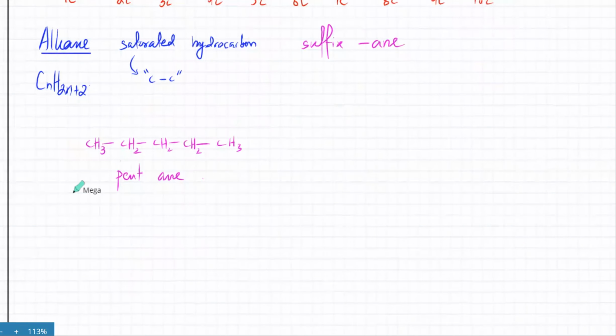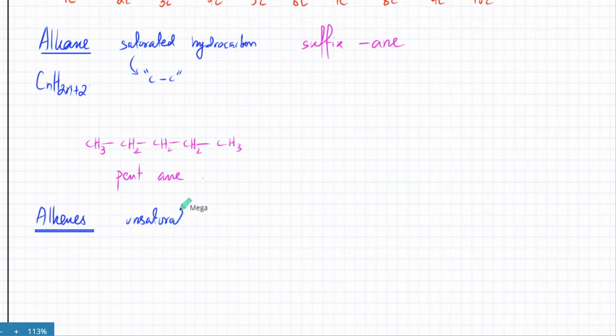We'll move towards alkenes now. Alkenes are unsaturated hydrocarbons, which means they've got a double bond between the carbon atoms.